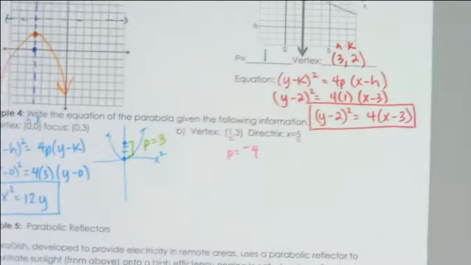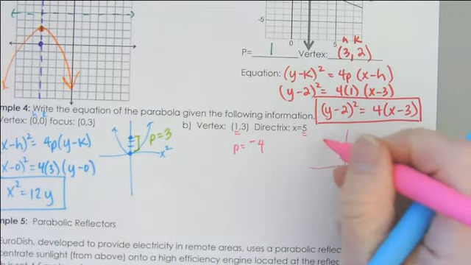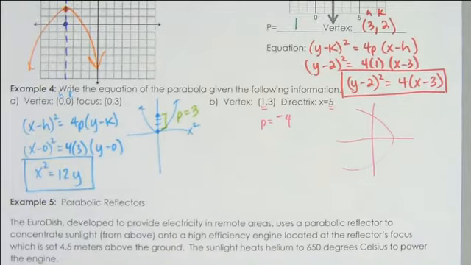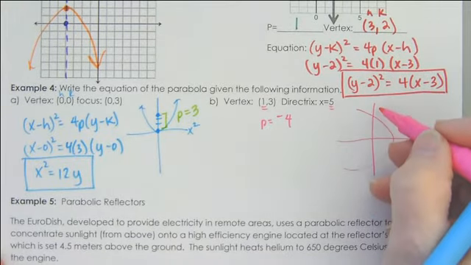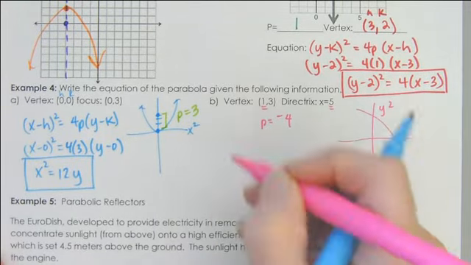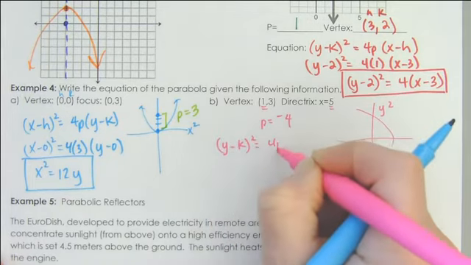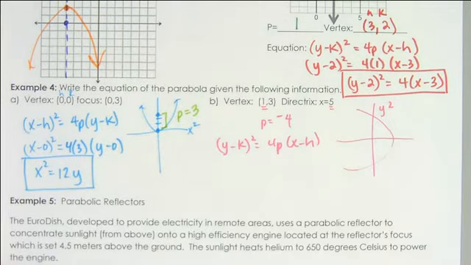And again, you could have just sketched a graph on here that looks like this. All right, the equation now, since it's crossing the y twice, it's going to be a y squared. So I've got y minus k squared is equal to 4p times x minus h. Be very careful when you're plugging this in, because this is where people make a lot of mistakes.